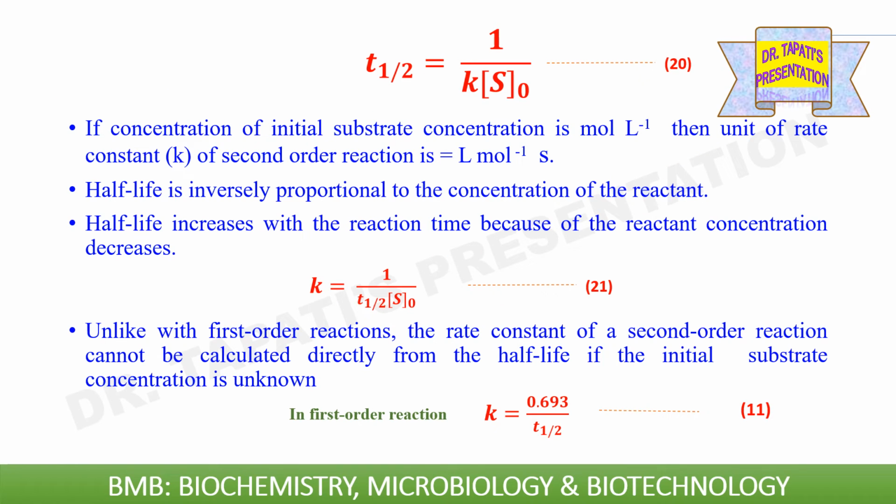So you can write T half is equal to 1 by K S0. If the initial substrate concentration is in mole per liter, then the unit of the rate constant of a second order reaction is liter per mole per second. Half-life is inversely proportional to the concentration of the reactant.